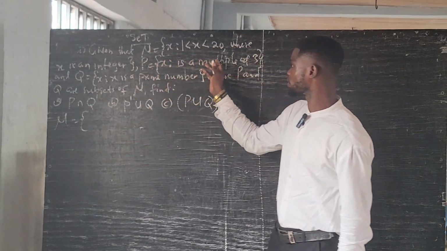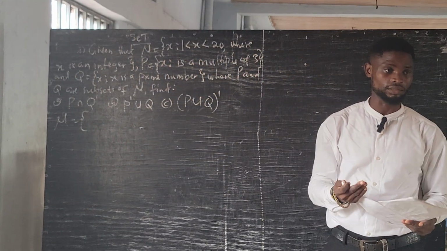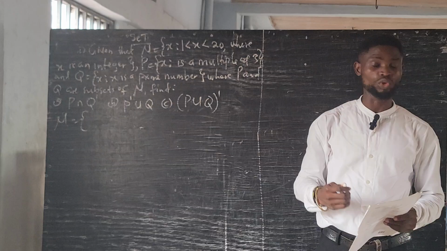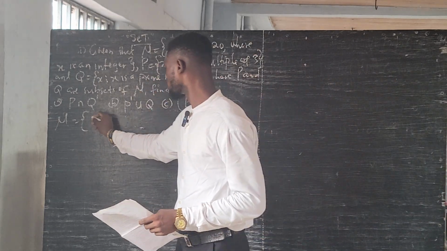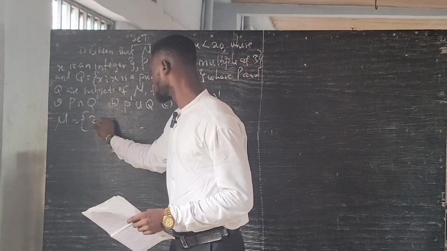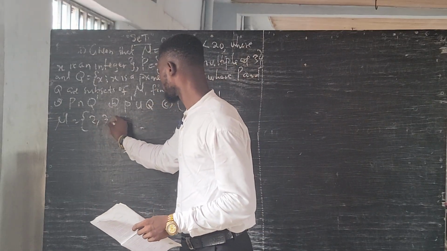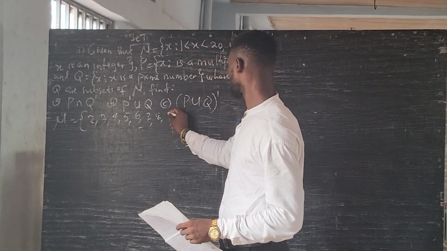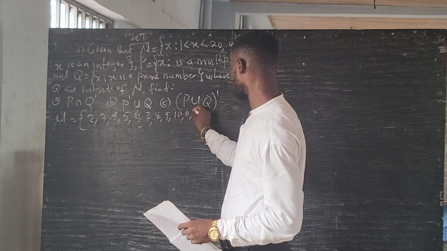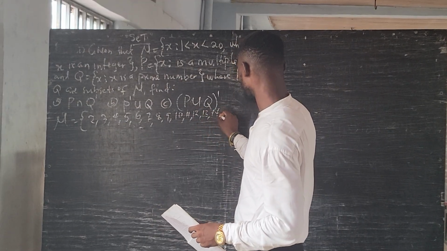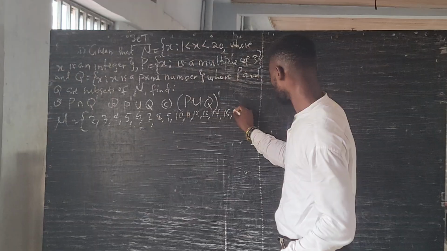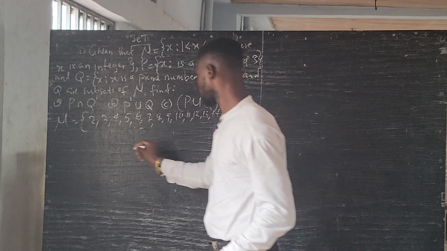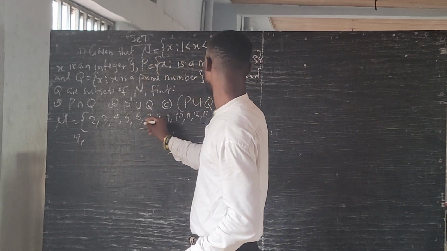It is when x is what? That means x is bigger than 1, so you start from 2, because x is bigger than 1. 2, 3, 4, 5, 6, 7, 8, 9, 10, 11, 12, 13, 14, 15, 16, 17, 18, 19.